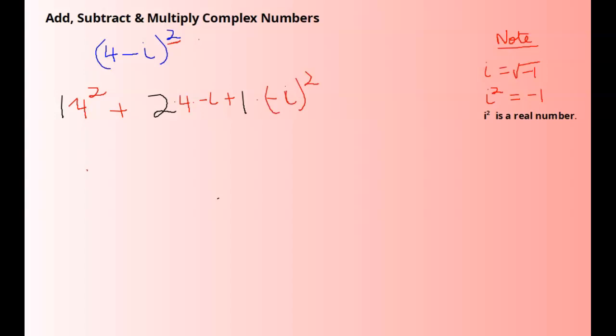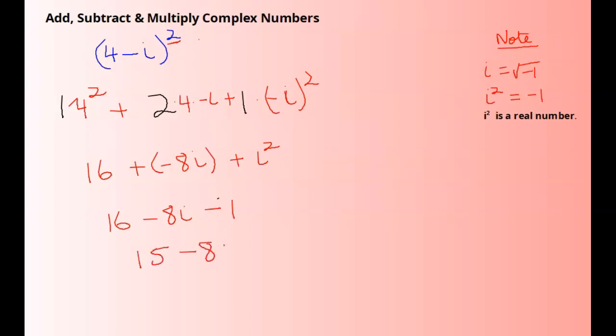So here 4 squared is 16, plus 2 times 4 we got 8, and then times negative i gives us negative 8i. We bring our plus here. Negative i squared becomes positive i squared. Then we're going to get 16 minus 8i, and here minus 1, and that becomes 15 minus 8i as the answer.